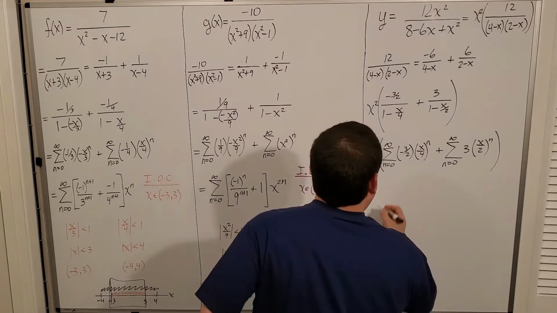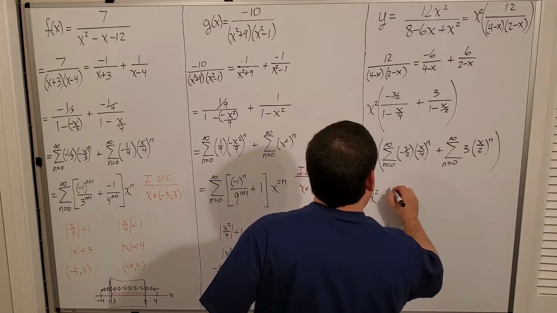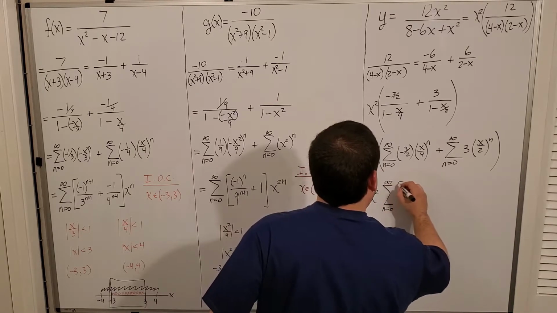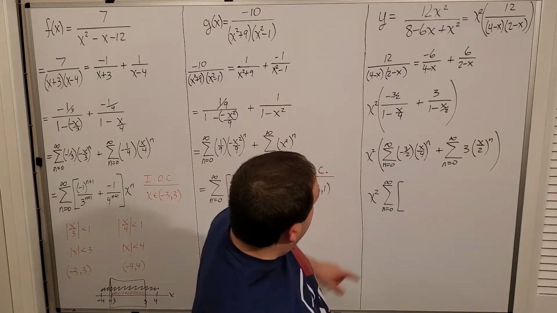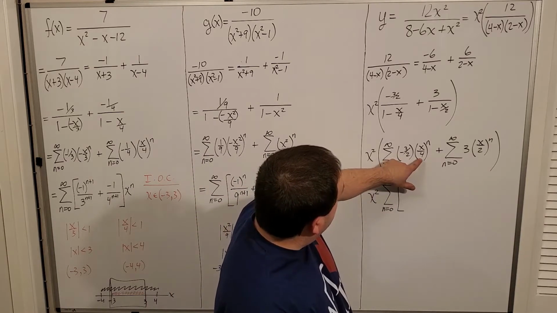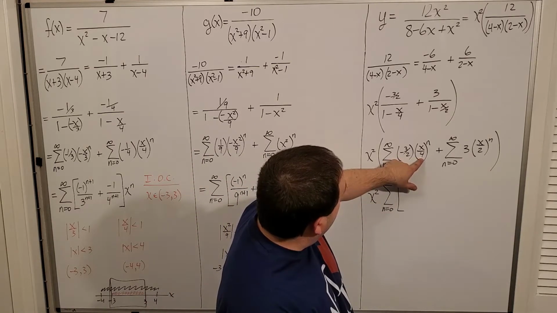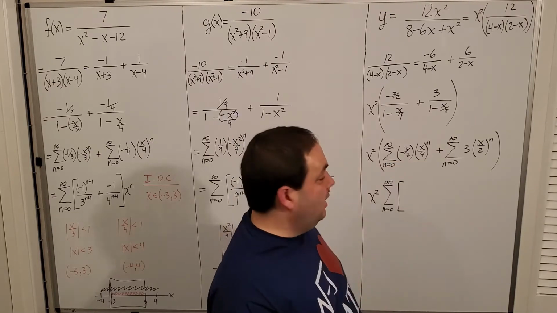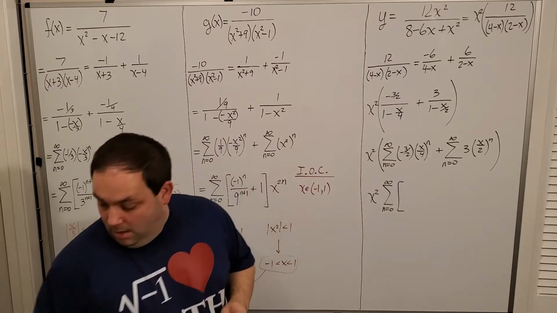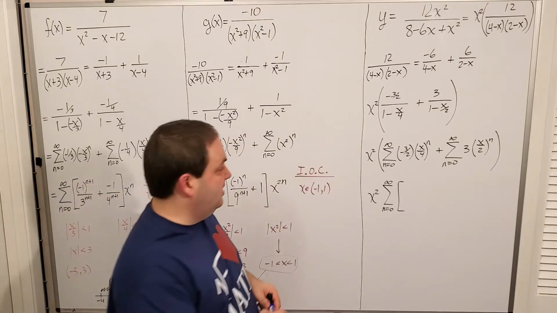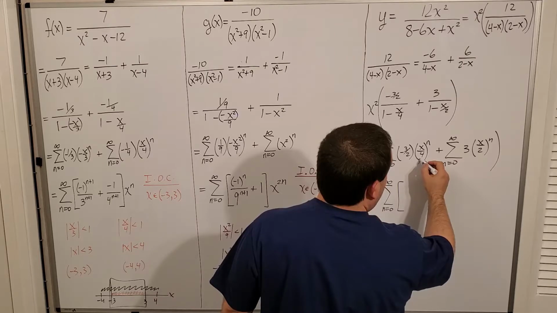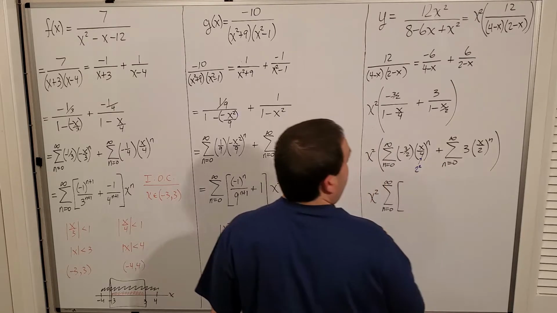Okay, so now what I have is x squared times the big sum that I'm going to merge both of these into. Big old bracket here, right? So from here, I can think of this 4 like a 2 squared. Now let's think about why I'm doing that for a second. Because I want to be able to consolidate this as much as possible. I'm going to think of this 4 right here as a 2 squared.